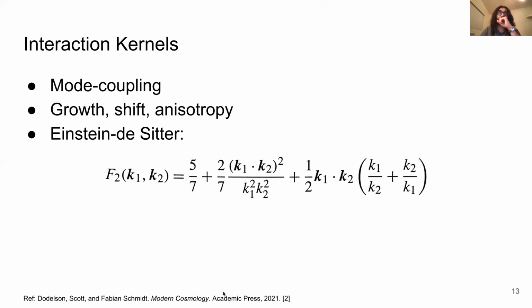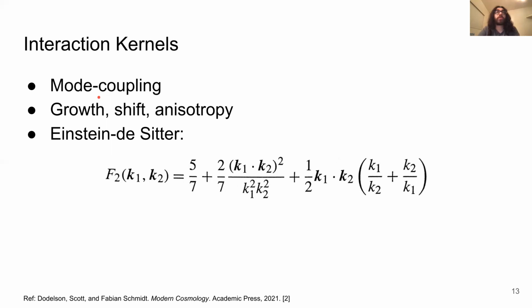So these F's, these polynomials, are called interaction kernels. And their primary job is to introduce something rather different from our linear solutions, and that's mode coupling.